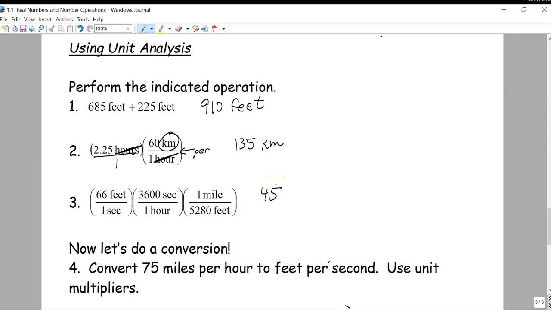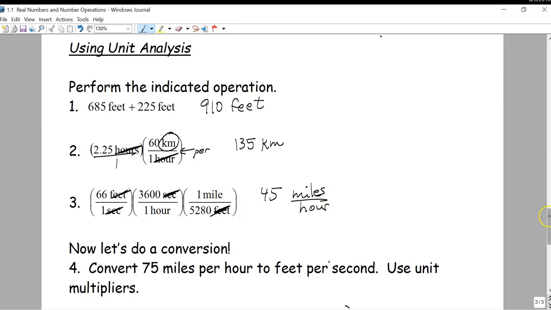Now let's check our units. We remember that anything divided by itself is 1. So I see feet divided by feet. Remember, something in the numerator with something in the denominator is what we can reduce. I see seconds divided by seconds. And so what do I have left? Miles per hour.